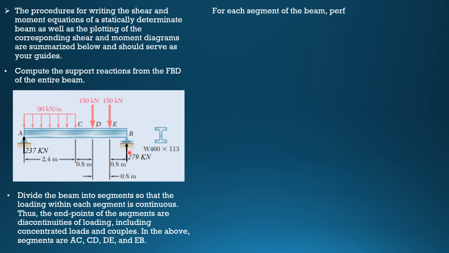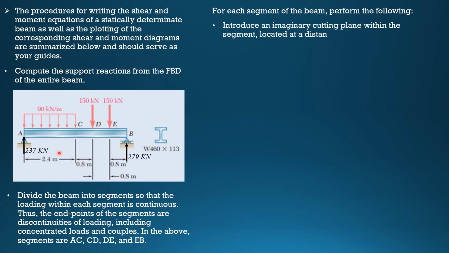For each segment of the beam, perform the following. Introduce an imaginary section, for example in AC, an imaginary cutting plane within the segment located at the distance x from the left end of the beam, from the origin normally, that cuts the beam into 2 parts.